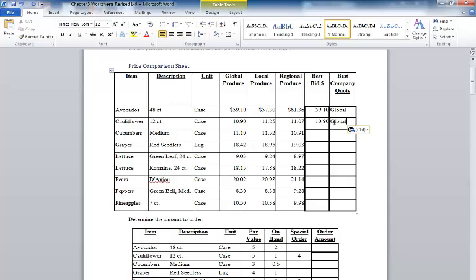So I'll go ahead and put that in. Cucumbers though, our lowest bid is from Regional at $10.91, and I'll put in Regional. I'll do this for the rest of the produce products that I have.